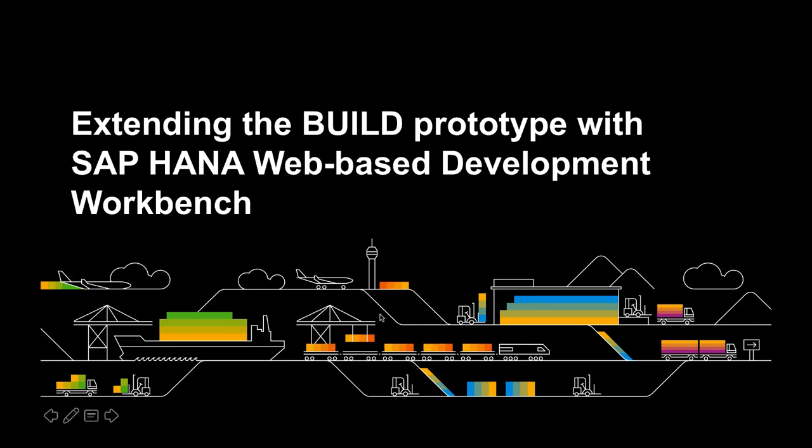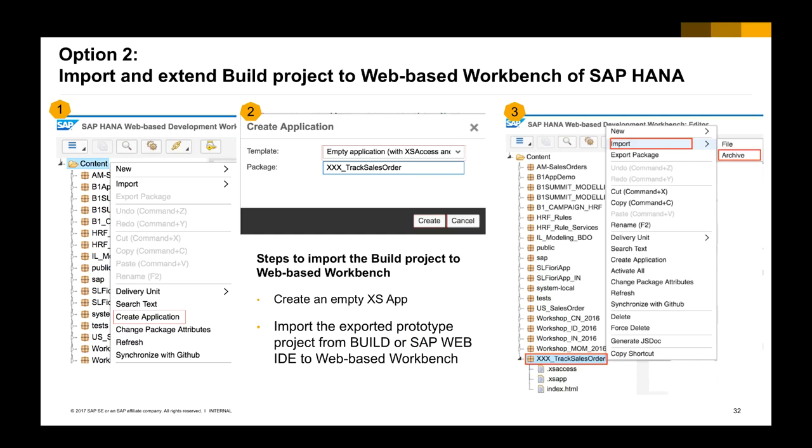Okay. Next, we are going to see how we extend the build prototype using the web-based development workbench. The web-based development workbench is available in your on-premise HANA system, and you'll be using it for the modeling and for the development as well.